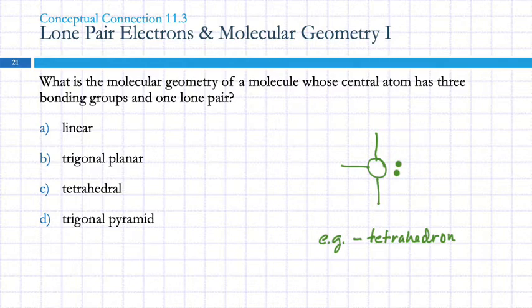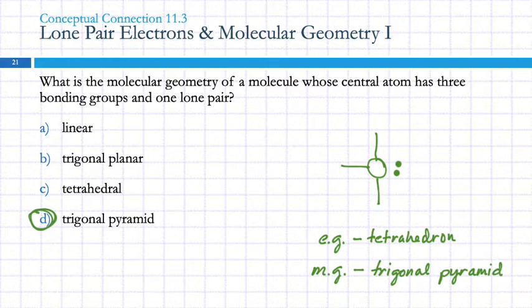The lone pair is an invisible balloon. What's the name of that shape? Trigonal pyramid. So the molecular geometry is going to be a trigonal pyramid. So that would be letter D.